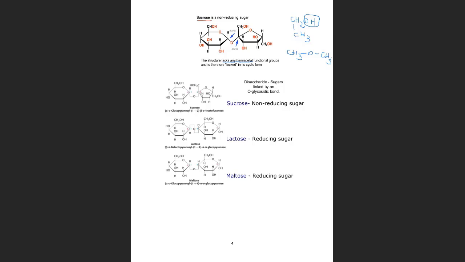So let's look, for example, in this alpha carbon, this one of lactose. Let's pay attention to this carbon. This carbon, we are talking about lactose, is bound to an alcohol, right?